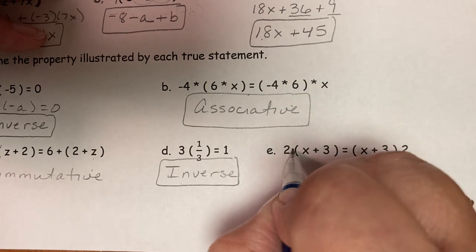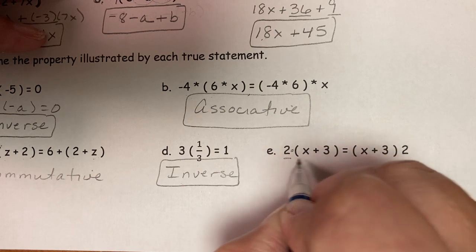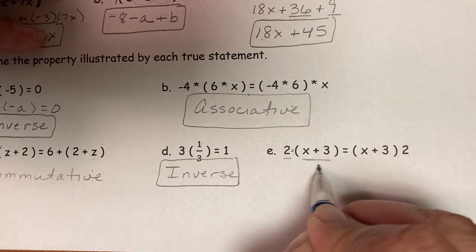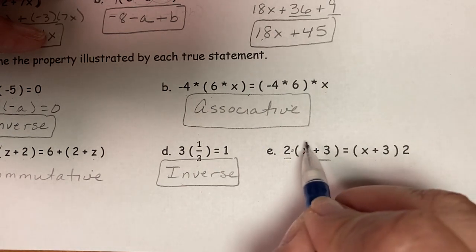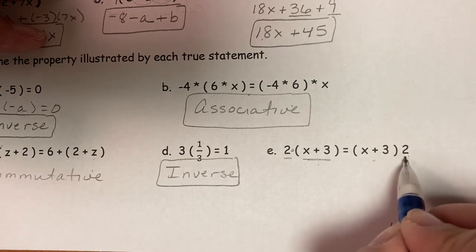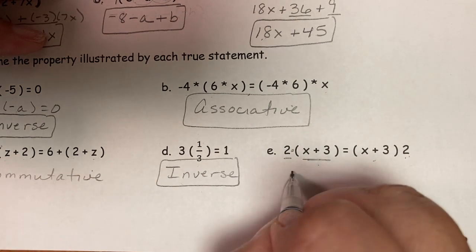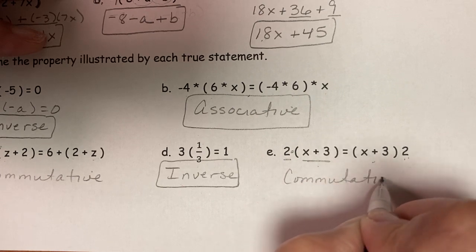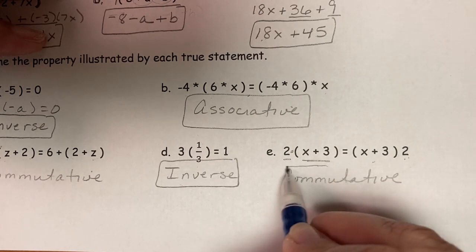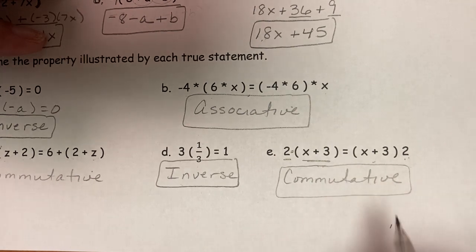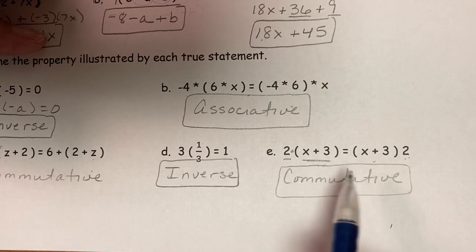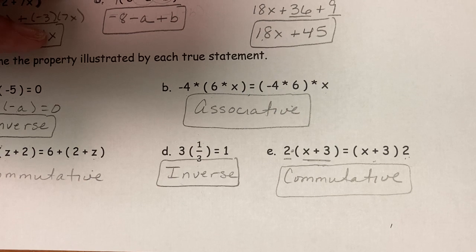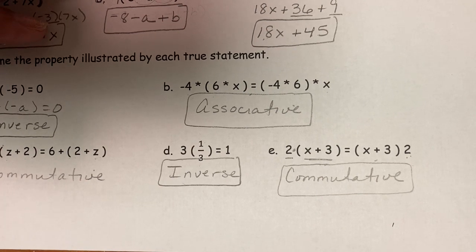Do you see where the two things being multiplied, the 2 and the set of parentheses, have flipped places? The order has changed. This is commutative. It's not associative. What's inside the parentheses hasn't changed. Things haven't been regrouped. Things have changed order. And we have finished chapter 1.